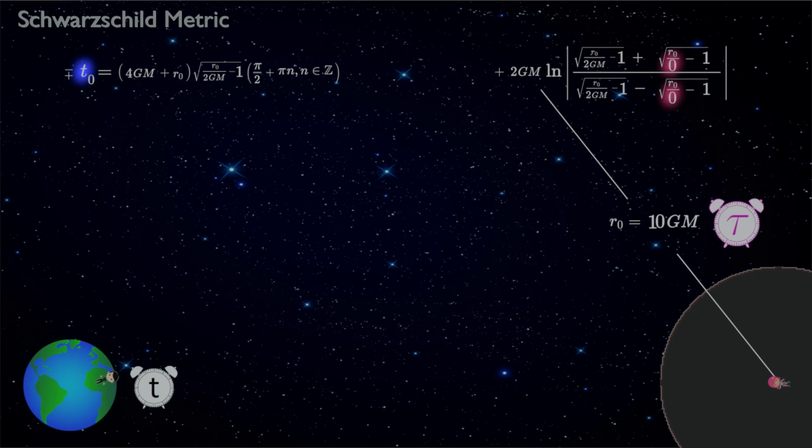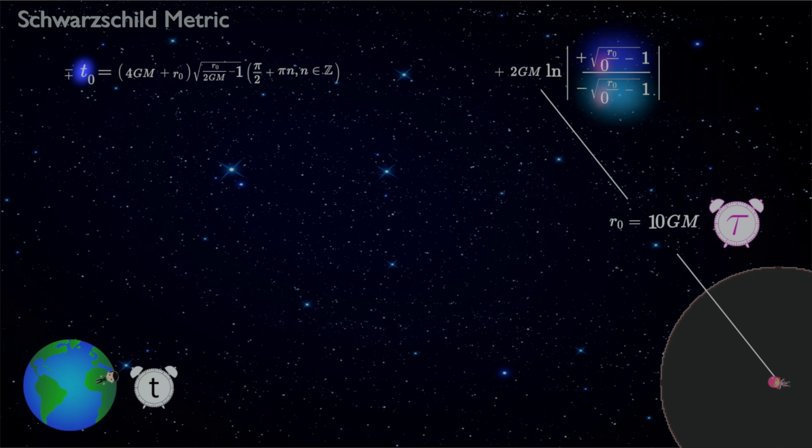In the limit as r approaches 0, the second term in the numerator and the second term in the denominator dominate the expression. The first terms are insignificant. Therefore, the numerator and denominator approach equality as r approaches 0, so the expression inside the logarithm approaches unity as r approaches 0. The logarithm of 1 is, of course, 0.